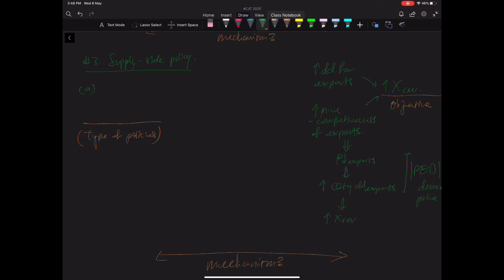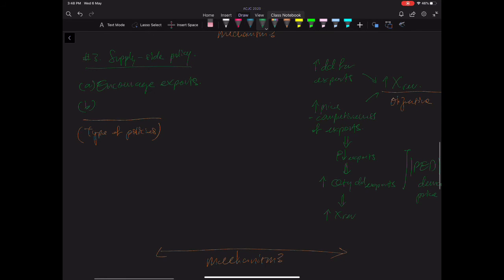Okay, to encourage exports. The second is to increase domestic productivity. Right? There are various ways you can encourage exports.